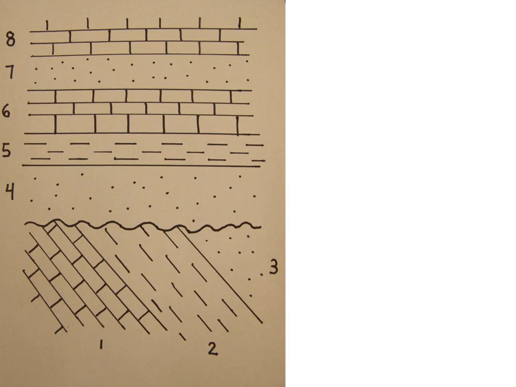So let's go ahead and review this. Looking at this cross-section, I see layers that are labeled 1, 2, 3, 4, 5, 6, 7, 8, etc. Cool. So we're going to start with 1. We think that layer 1 is the oldest rock layer. Great. Remember that rocks are originally deposited horizontally.